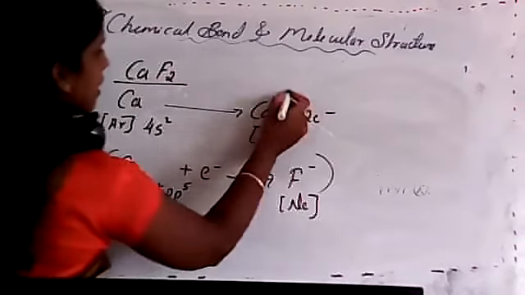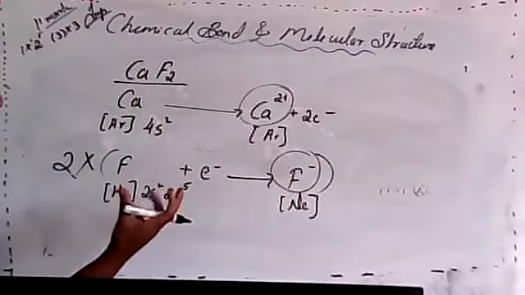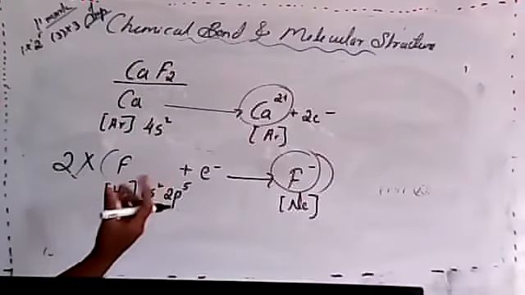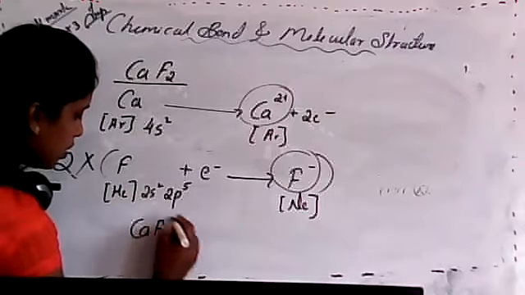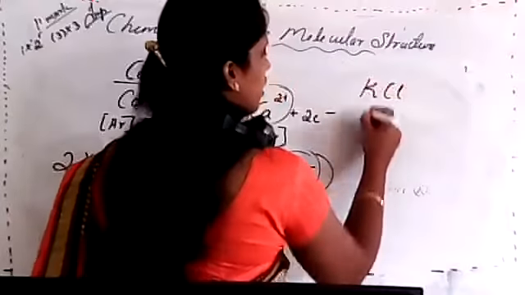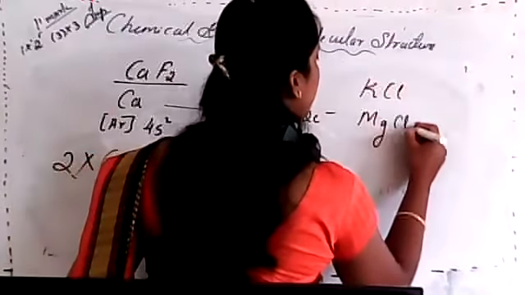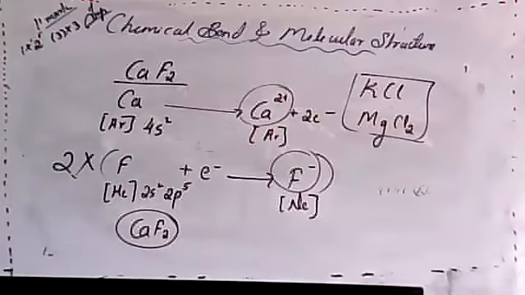In that case, calcium 2 plus and 2 F minus have an electrostatic force of attraction between them, and that yields calcium fluoride. Clear? There are other examples, KCl, MgCl2. These were again formed by this method itself, that is by electrovalent bond, or ionic bond.